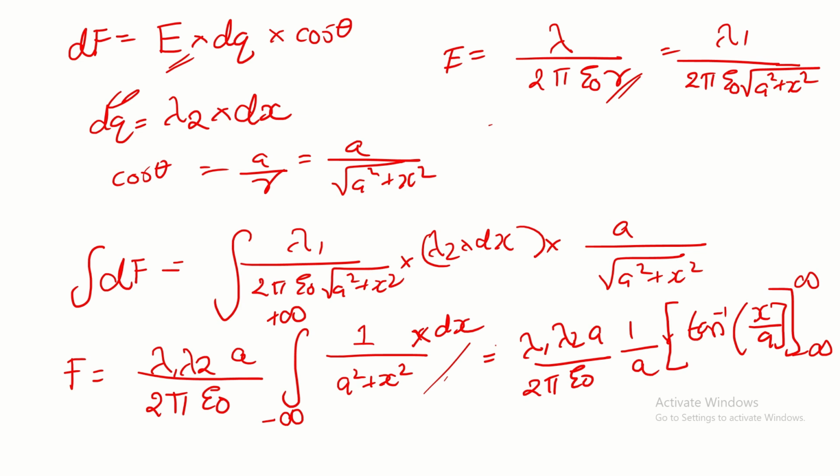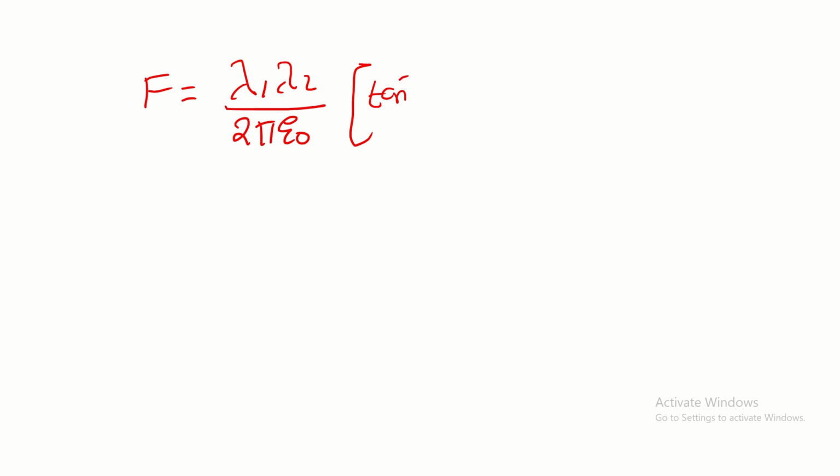And then we get F is equal to lambda 1 lambda 2 by 2 pi epsilon naught into, the a and 1 by a would cancel, and we have tan inverse of x by a from minus infinity to plus infinity.